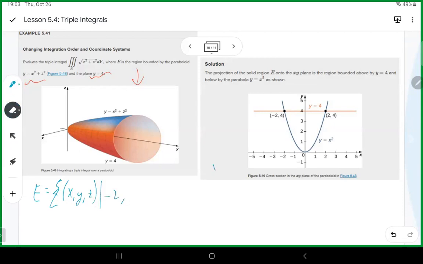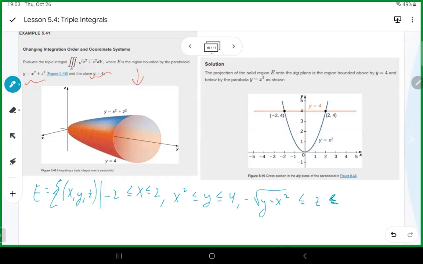-2 to 2, then x squared to 4, and then negative square root of y minus x squared to the square root of y minus x squared. Okay.